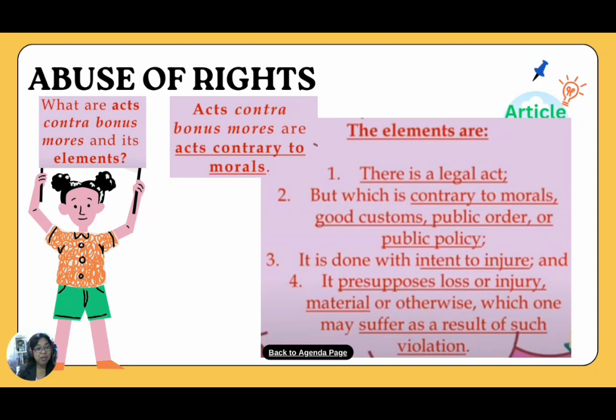What are the elements or requisites? There is a legal act, but which is contrary to morals, good customs, public policy, public order. It is done with intent to injure. And the fourth requisite is that it presupposes loss or injury, material or otherwise, which one may suffer as a result of such violation.